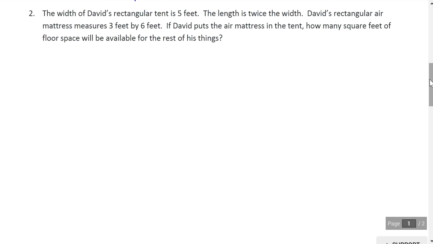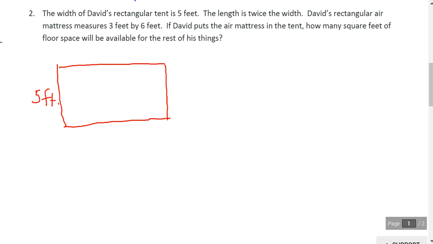Okay, number 2. The width of David's rectangular tent is 5 feet. So he's got a tent. Okay, there's his tent. Now he says the width is 5 feet, and the length is twice the width.